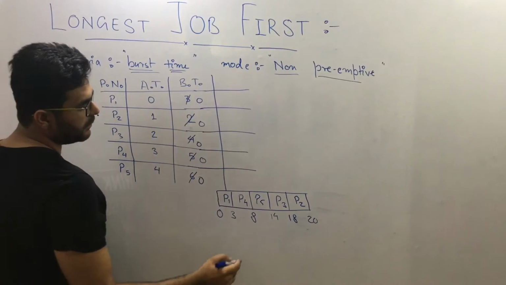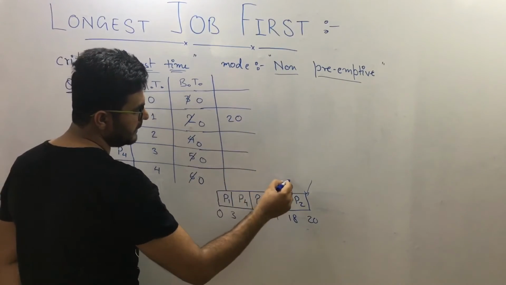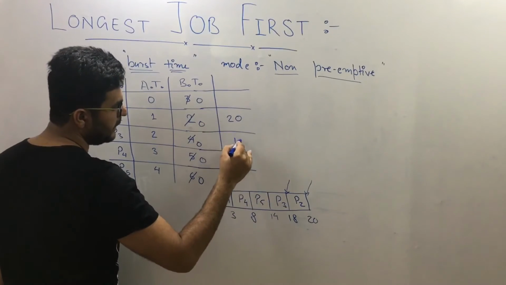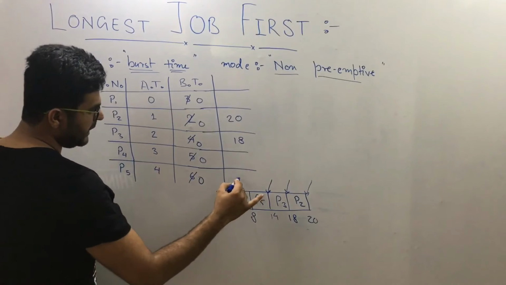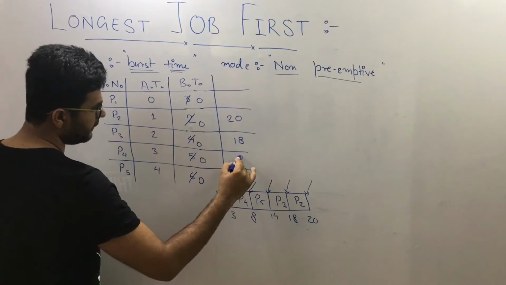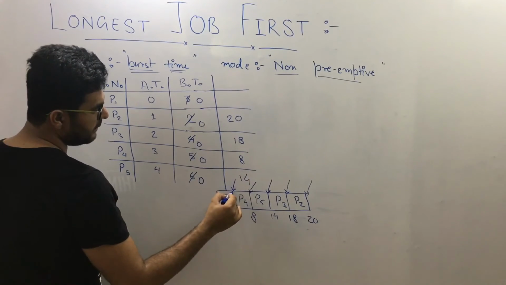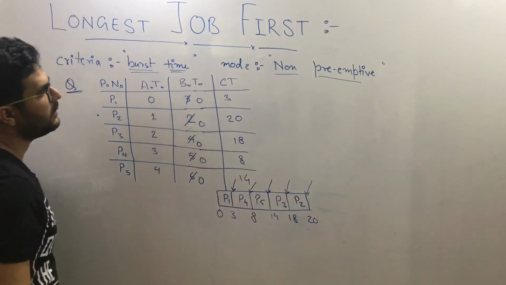The process P2 is completing at 20 units of time. Process P3 is completing at 18 units of time. Process P5 is completing at 14 units of time. Process P4 is completing at 8 units of time, and process P1 is completing at 3 units of time. So these are the completion times of all the processes.